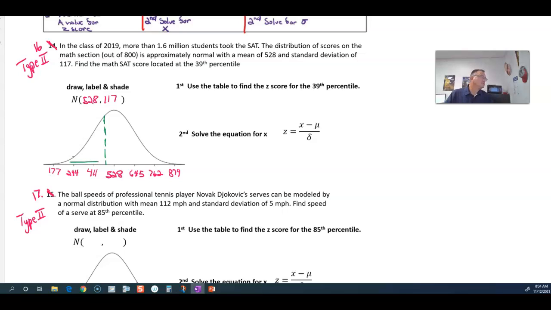And then it's telling you that this shaded part is 39%, or 0.3900. Okay, so this is less than 50, so I know it's going to have a negative z-score. So I'm going to find that entry.